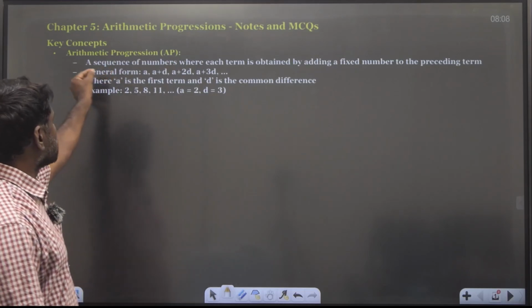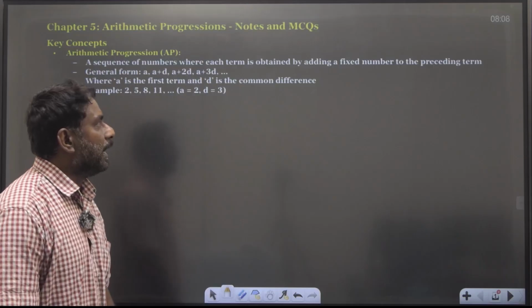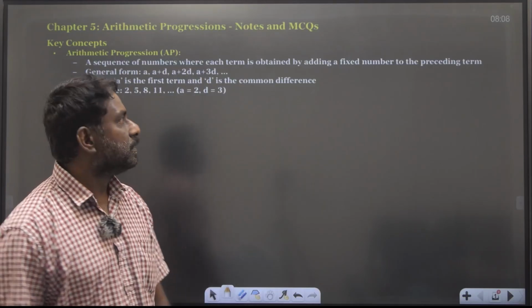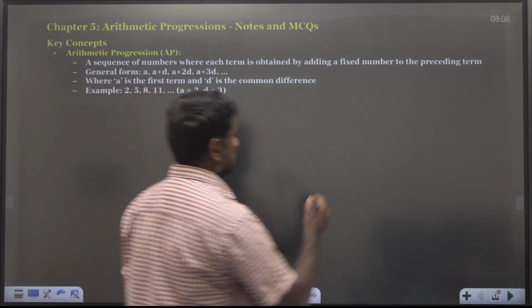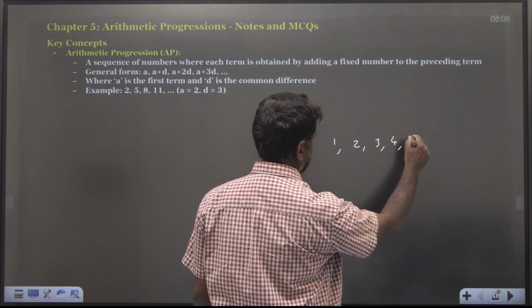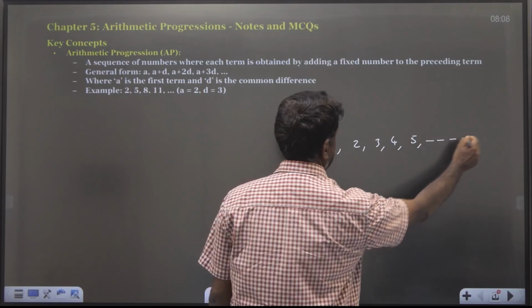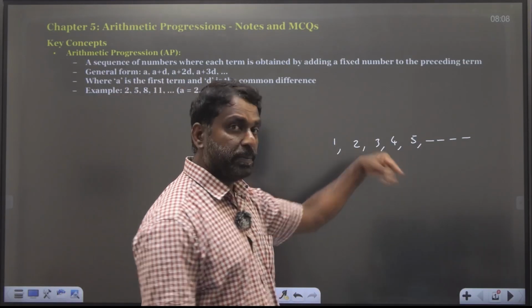The definition: a sequence of numbers where each term is obtained by adding a fixed number to the preceding term. For example, 1, 2, 3, 4, 5, etc. What will be the next number?